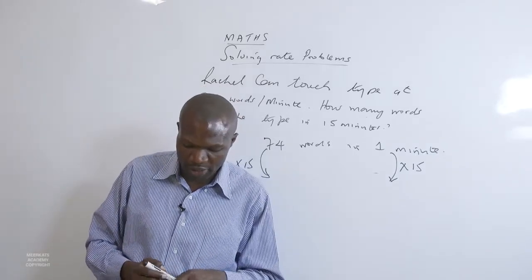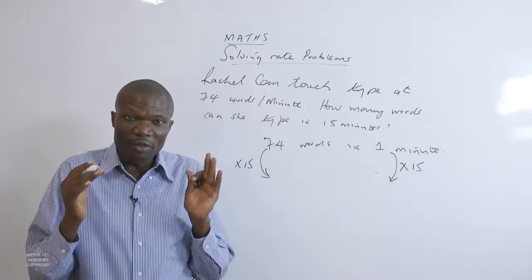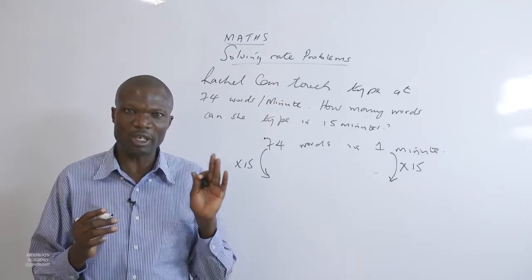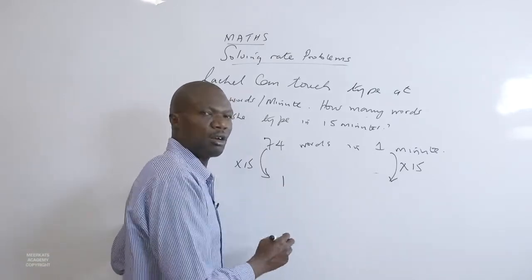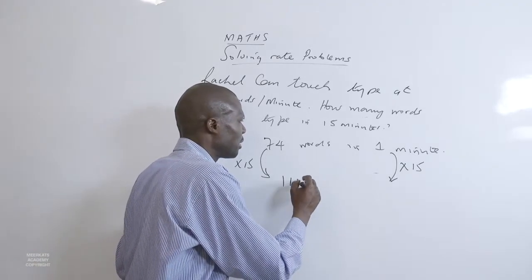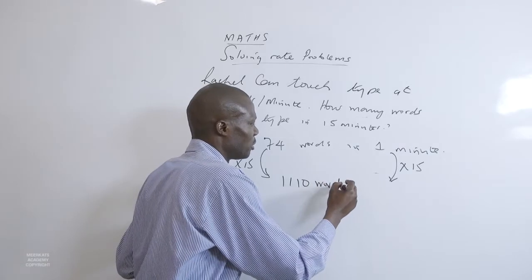When you multiply this, you'll find that in 15 minutes, we expect Rachel to type a total of 1,110 words.